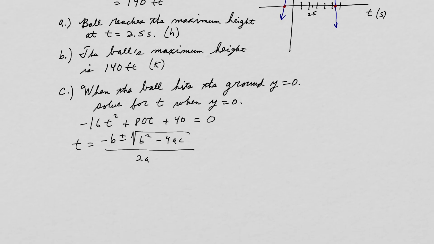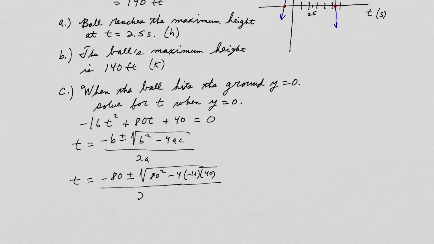So I'm going to have t equals minus b, which is 80, plus or minus the square root of 80 squared minus 4 times negative 16 times 40, all over 2 times negative 16.